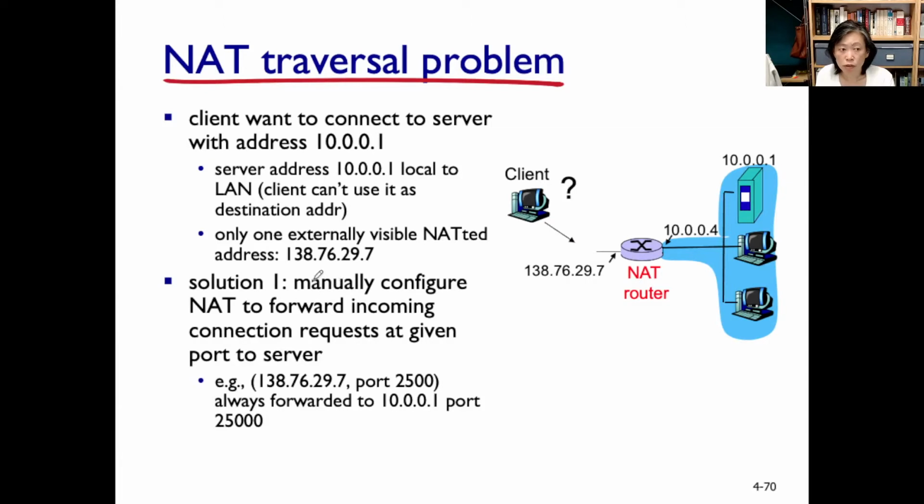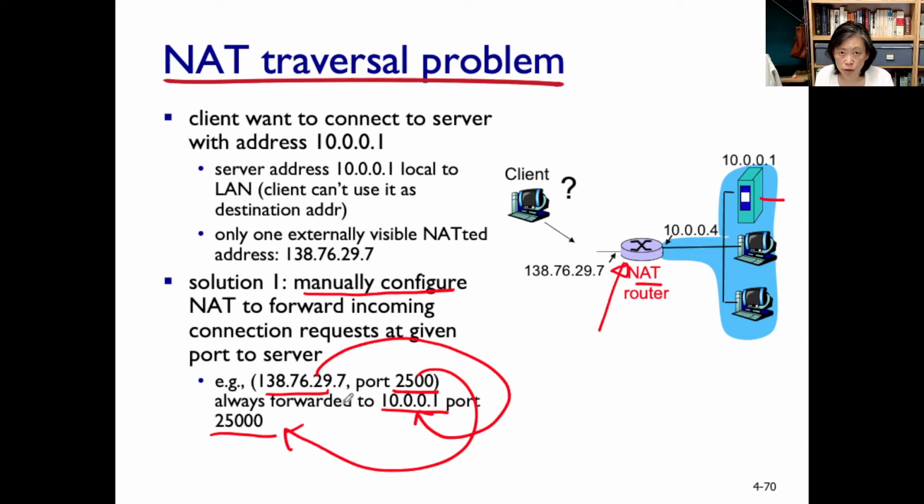The first solution is very straightforward. It's called the manual configuration solution. Let's assume that the server process is running on this machine, IP address 10.0.0.1 at port number 25,000. All this solution does is insert an entry manually into the NAT's translation table, such that all messages coming with this destination address and destination port number will be translated to the local IP address and local port number correspondingly.